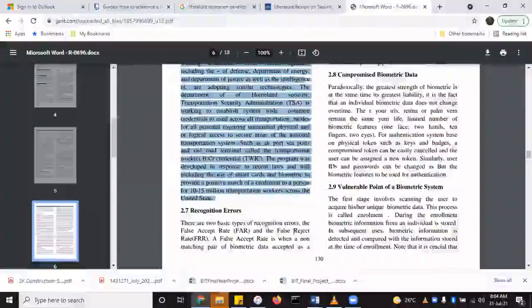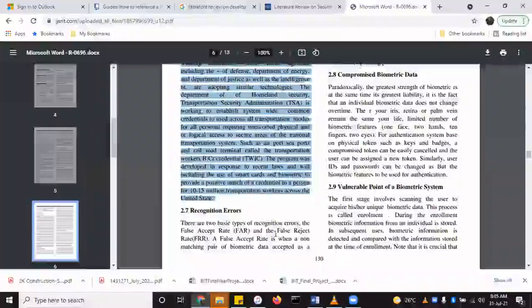So, recognition errors. This addresses a lot about the confidentiality issues that relate to the integrity of information being transmitted. When there's poor recognition, obviously, it's going to lead to integrity issues.